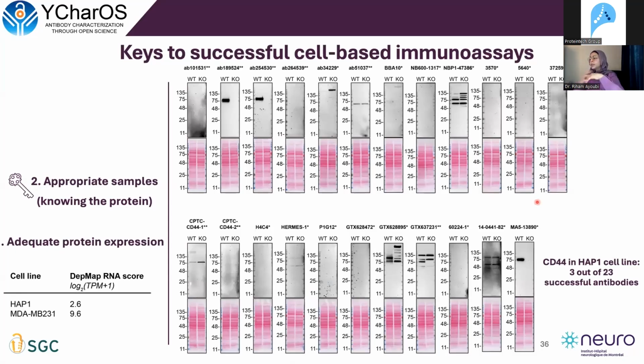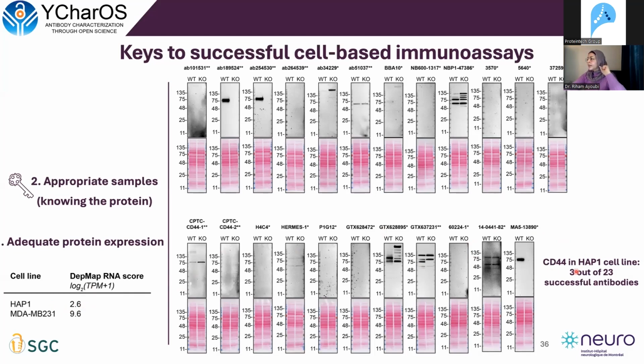Inadequate protein expression can also have a devastating effect on antibody use and antibody screening in general in our context, for example, in Western blot. So this is a CD44 antibody screening in HAP1 cells that express 2.6 transcripts per million of CD44.